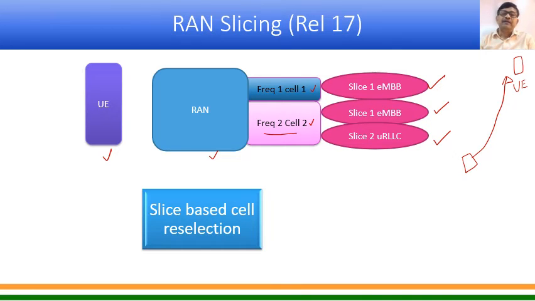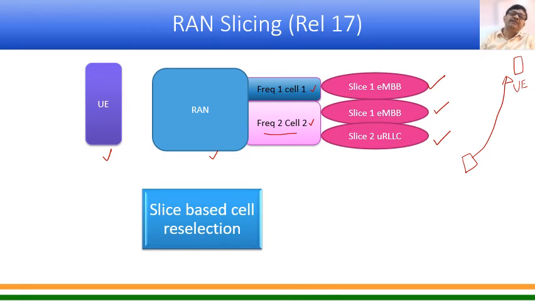When it moves from one cell to another, earlier the best cell was selected, in the sense that whatever best cell is available, that is selected. But with this concept, the support of slices will also determine whether the best cell or the second best cell will be selected.